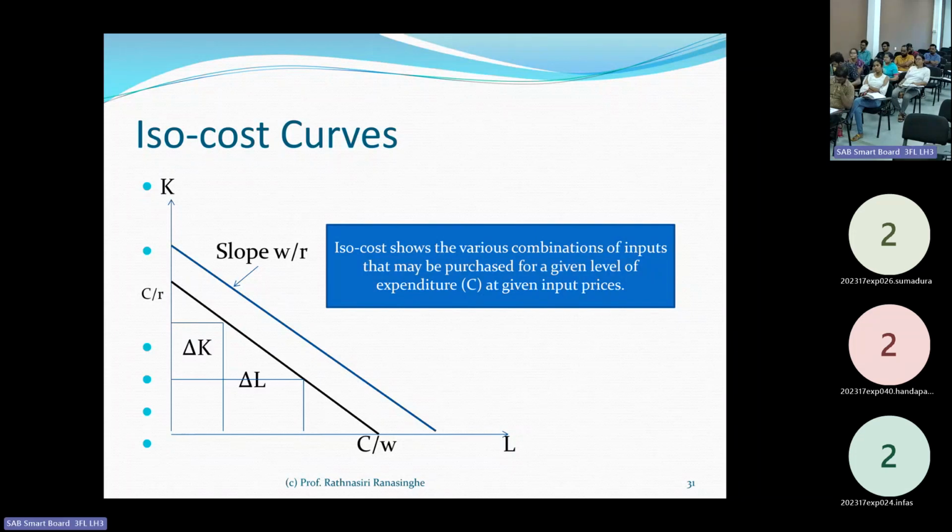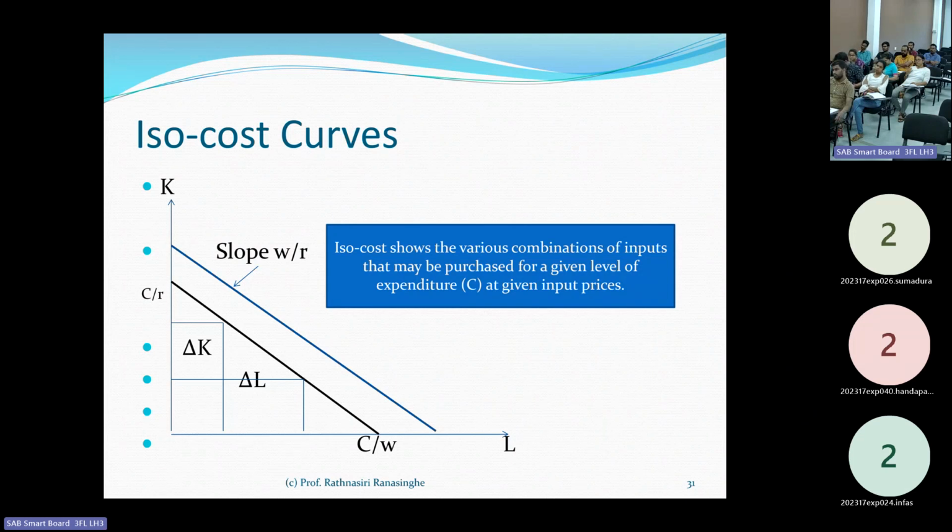W means the price of labor, R means the price of capital. So the price ratio between the two factors gives us the budget line, the isocost. So that means delta K over delta L.